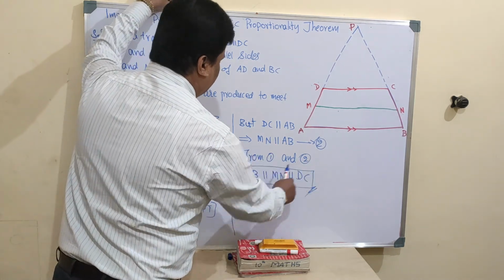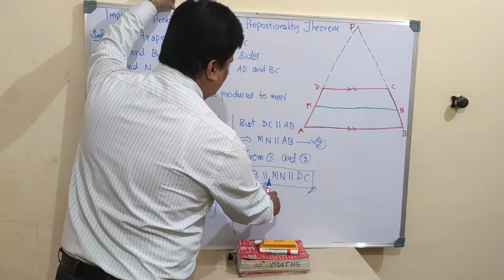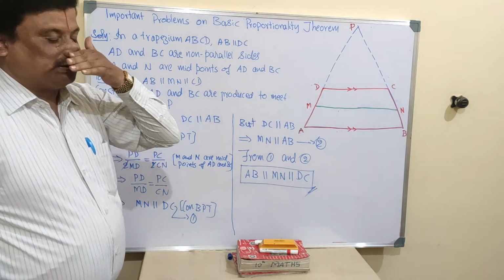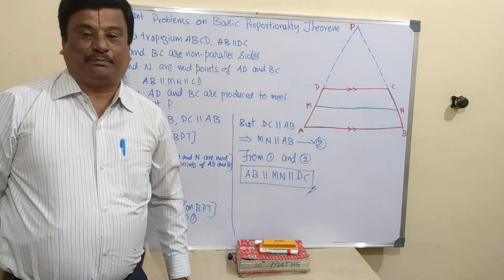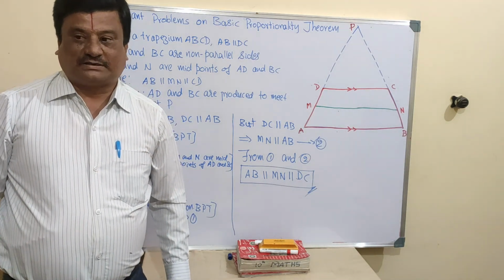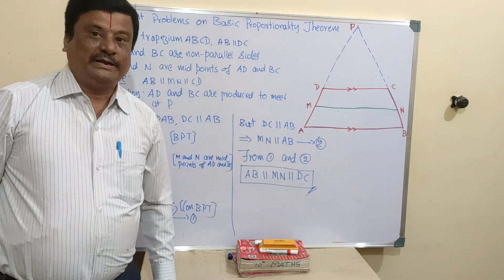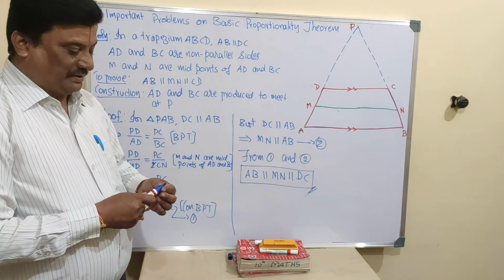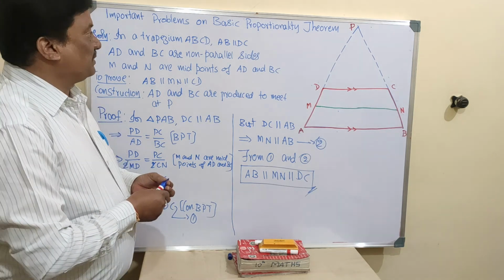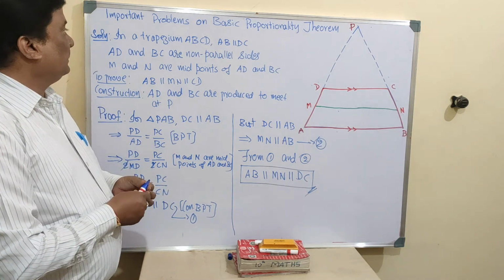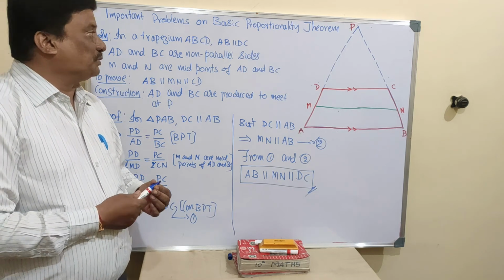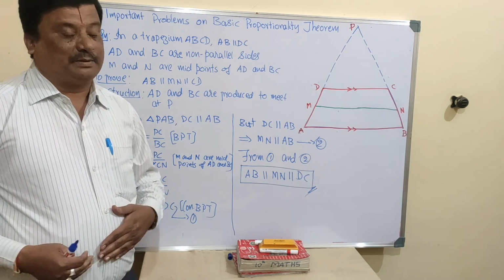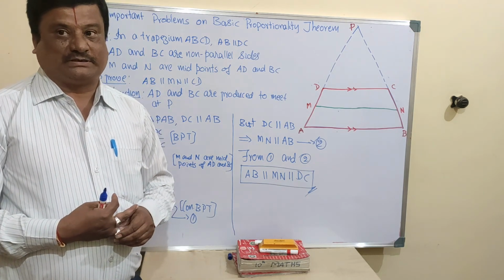So from 1 and 2, AB is parallel to MN, that is parallel to DC. So, in a trapezium, the line joining the midpoints of non-parallel sides is parallel to the parallel sides. Thank you, friends. And this is the last problem, which I selected as an important problem on the basic proportionality theorem, and it is very important for the board examinations.